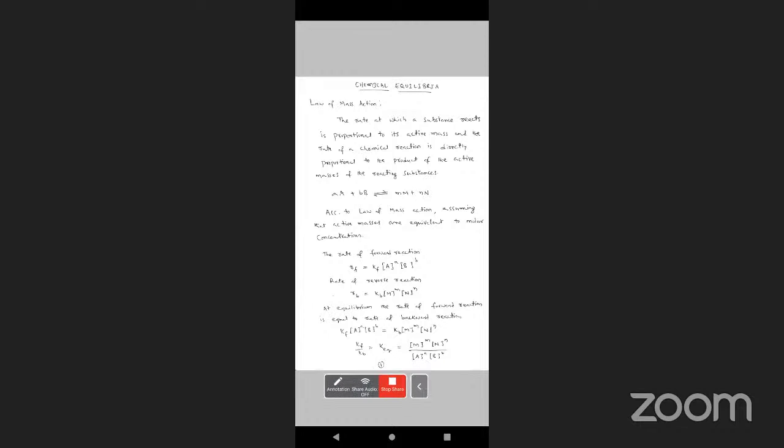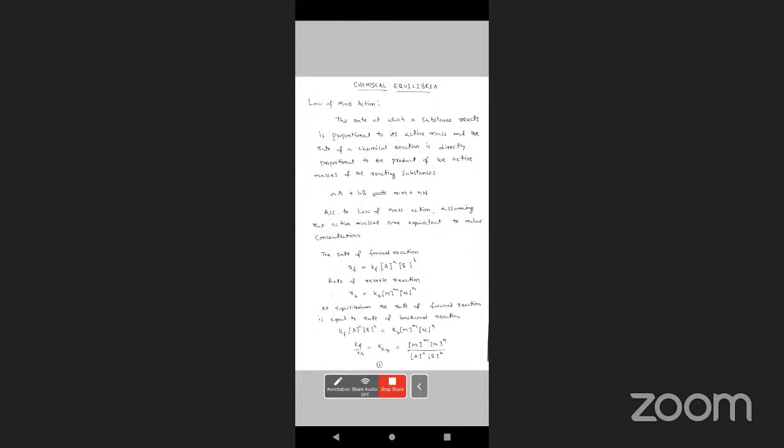So we can modify this equation as Kf by Kb, which equals K equilibrium, equals [M]^m [N]^n divided by [A]^a [B]^b. Okay, is it clear?